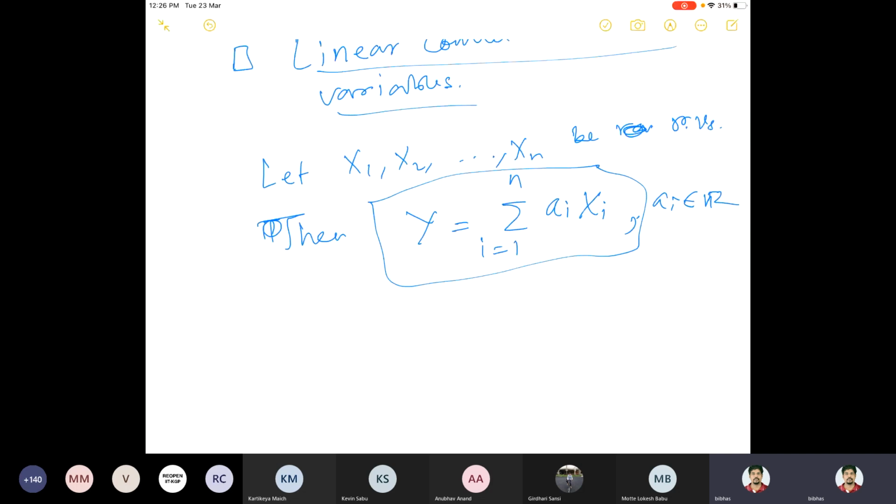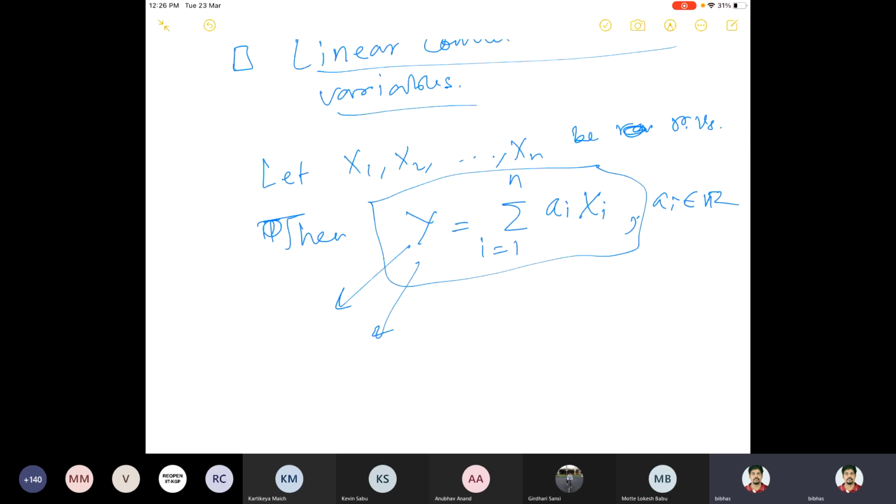Then the question is, what is the expectation of this new random variable? What is the variance? Can that be quantified using the variance, mean, or covariance of the pairs of random variables?